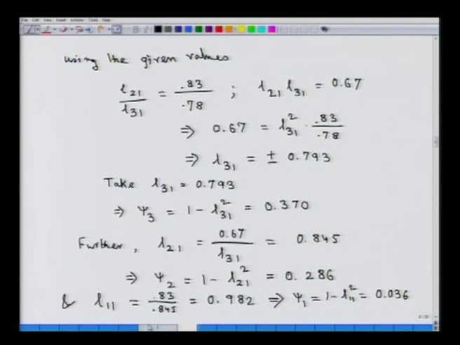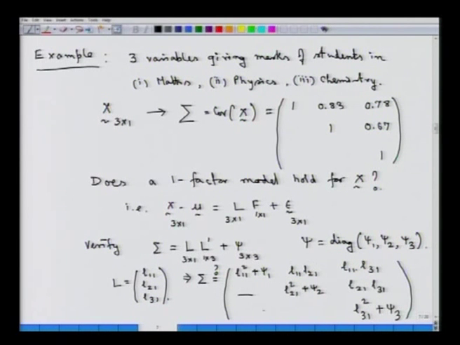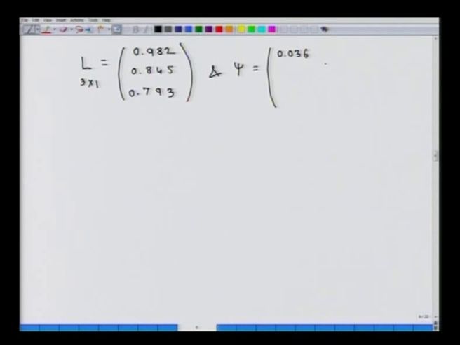So, after solving this particular equation, that sigma is equal to LL dash plus psi, or equating these 9 values here, what we have obtained, let us summarize. So, the solution, this is L, which is 3 by 1, as we have seen, one common factor, containing these as the factor loadings, which is 0.982, 0.845, this is 0.793, and this psi is that matrix of specific variances, which are giving us these values.